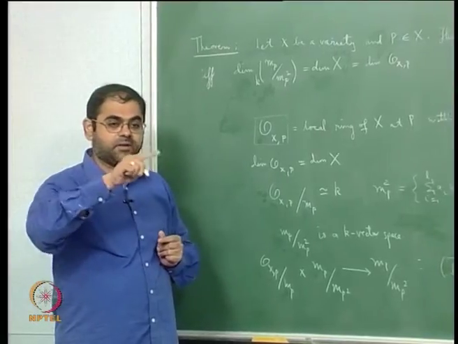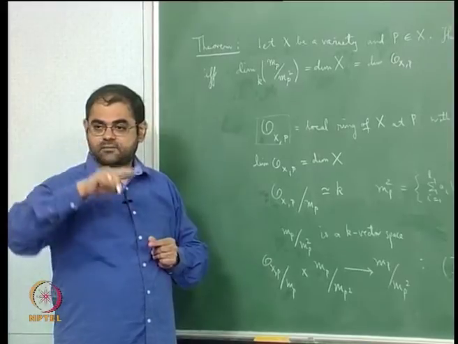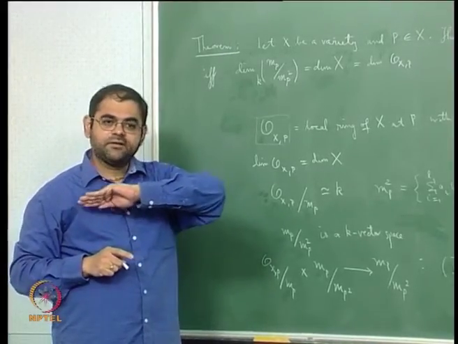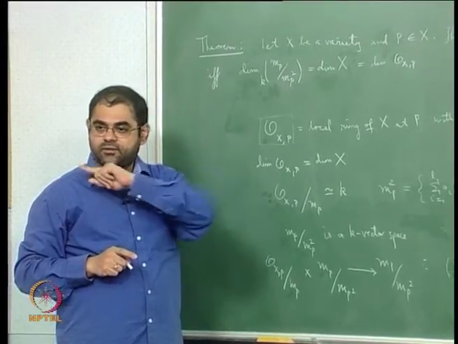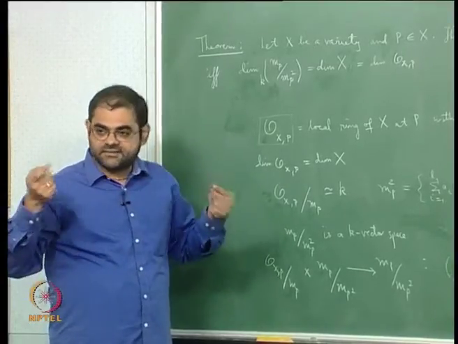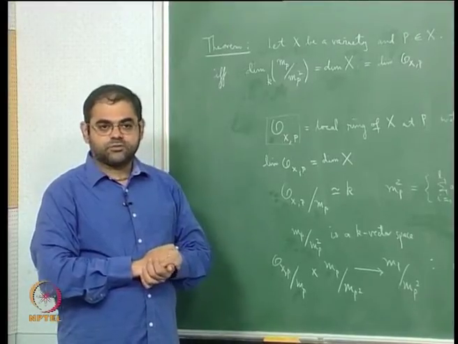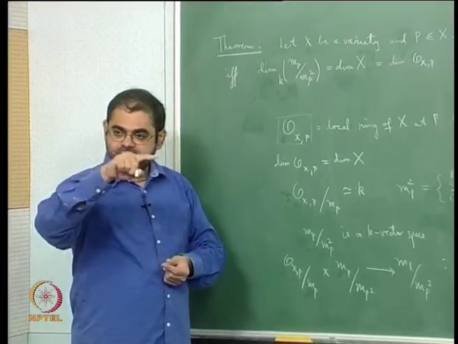You take a point, you draw a curve through the point, and then you draw the tangent to the curve at that point. Then like this you try to fill a neighborhood of the point by curves, draw tangents and then take the space of all these tangents, that is the tangent space.